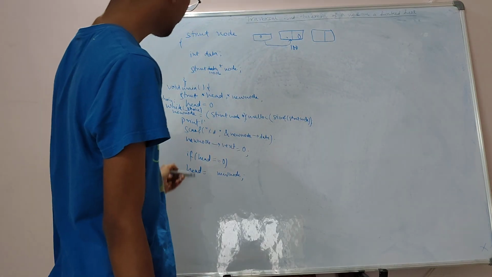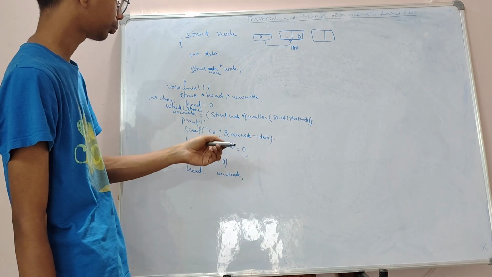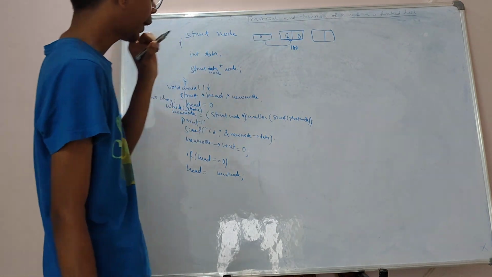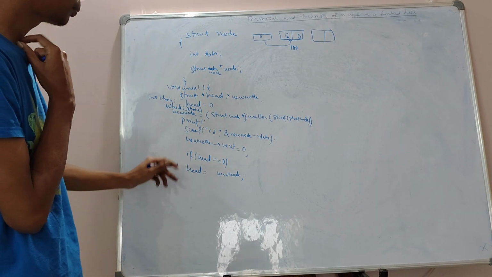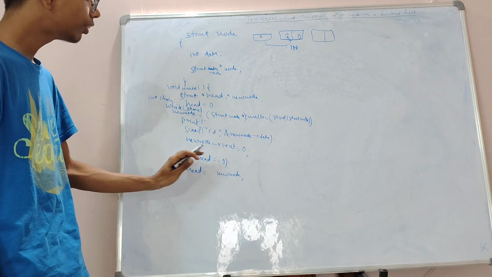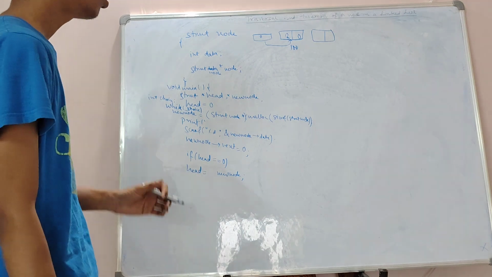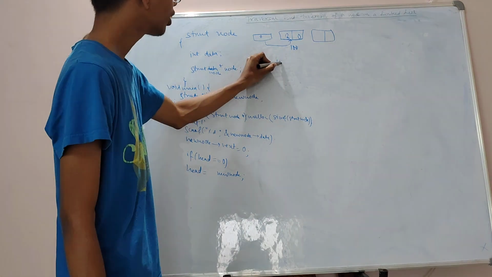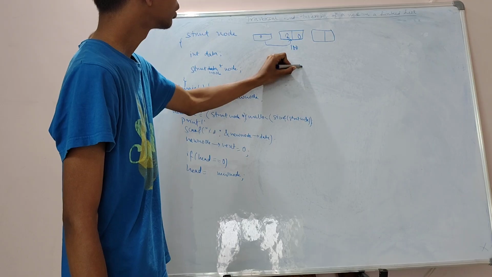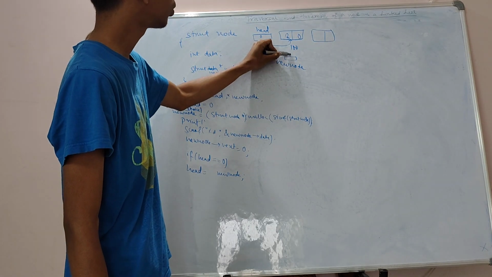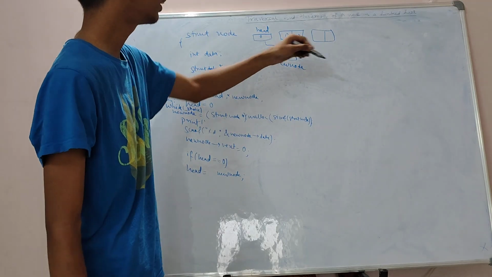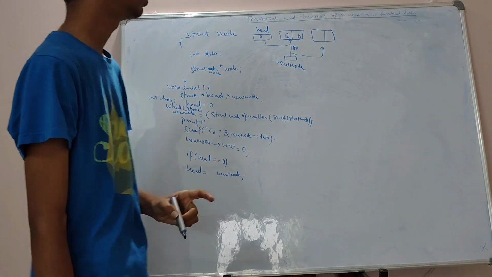So suppose I entered my data 3 and then I ran the loop again, but what is happening now? This time head will not be 0. So what I will do, and I have my new node, right? This is head, this is new node, and this time this is pointing to the new node, right?